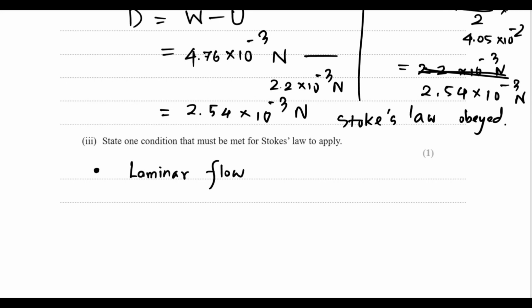When the direction of movement of all the fluid is the same as the direction of the fluid flow, and they move with steady speed, then we can apply Stokes law. So there must be low speed.